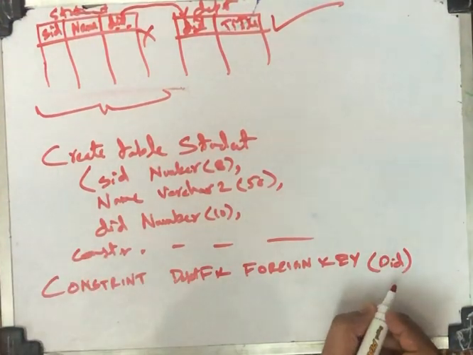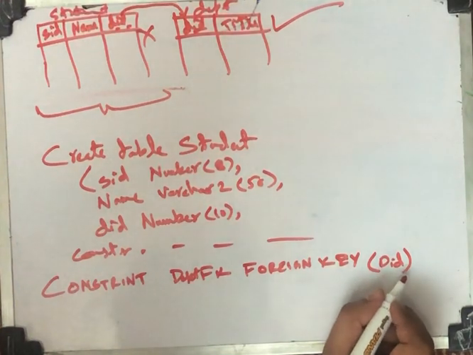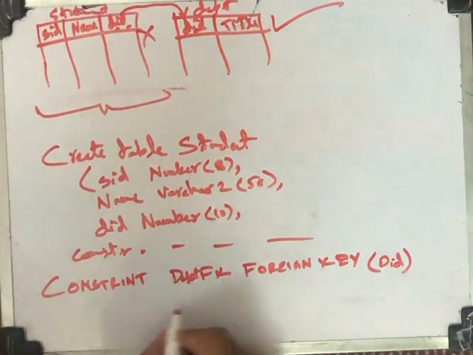Then I need to specify to which relation and to which column of that relation this foreign key references. To specify that, we use the references keyword.